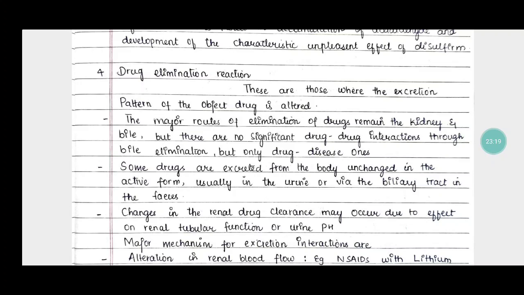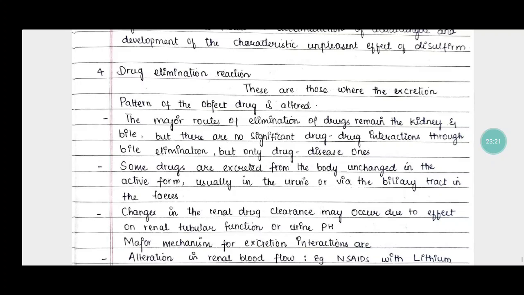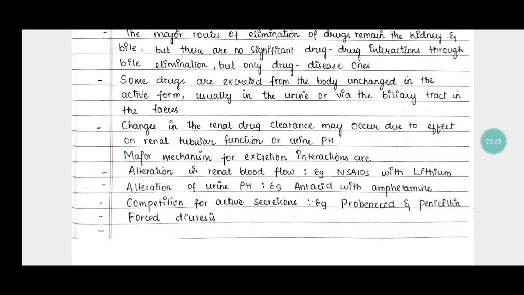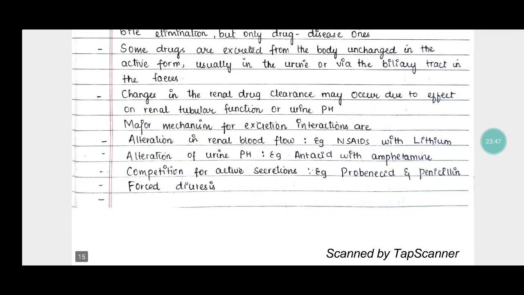The major mechanisms for excretion interactions are alteration in renal blood flow, for example NSAIDs with lithium, alteration of urine pH, for example antacid with amphetamine, and competition for active secretion, for example probenecid and penicillin, and forced diuresis.